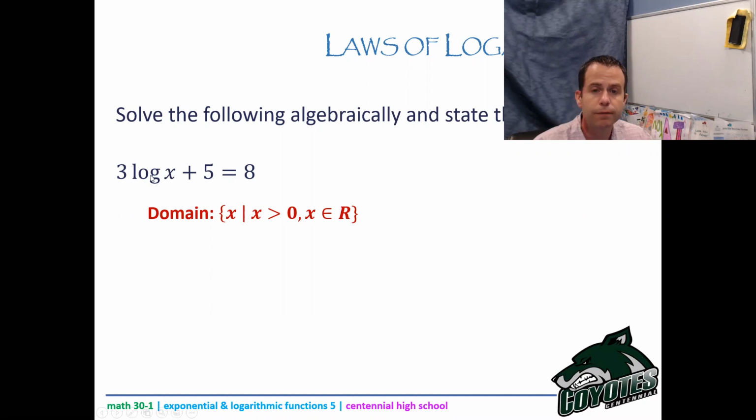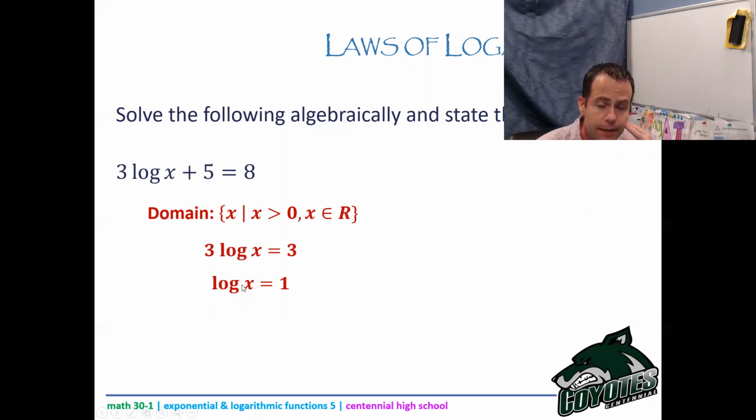Now, to solve, I need to try and get the log x all by itself. And then once I have it all by itself, I can convert it to exponential form. So I'm going to subtract 5, I'm going to divide by 3. If I subtract 5, I'll have 3 on this guy, divide by 3, and I'll have 1. What base is this? It's base 10.